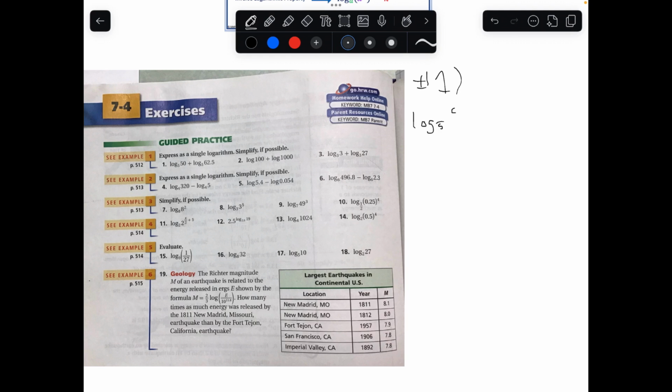All right, so log base 5 of 50 plus log base 5 of 62.5 equals log base 5 of 50 times 62.5.